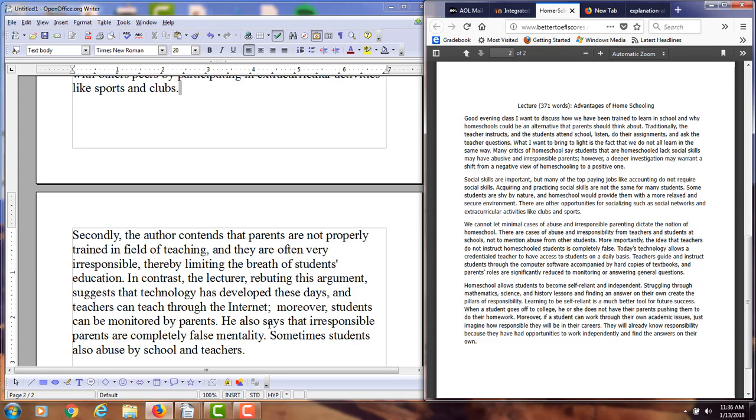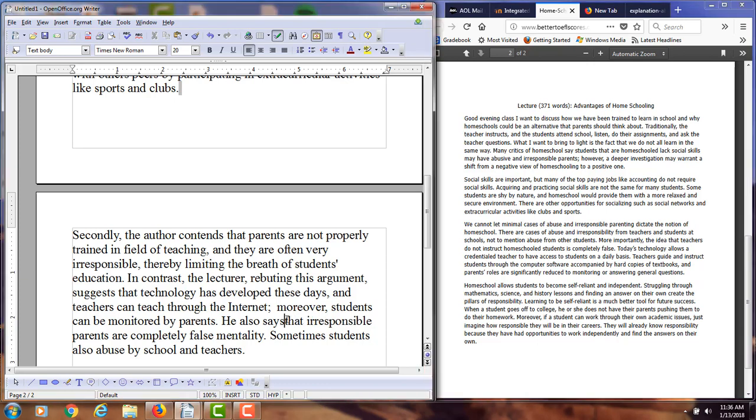So we have to change the meaning of what you said here. This is causing some trouble. So you have to say he also says that, or how about this? We'll say that students are not taught by teachers.